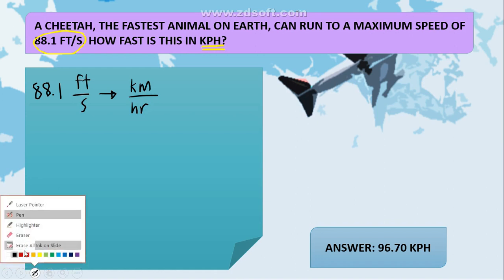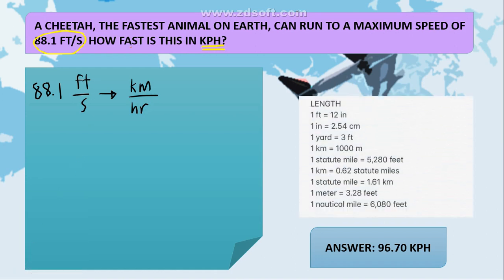So first, of course, we need to convert feet papuntang kilometer. So, ito muna yung gagawin natin. And then later on, we can proceed to convert seconds to hour. So, for feet to kilometer, ang pwede natin gawin is we use two conversion factors. Wala namang diretso. So, we can use feet to meter and then meter to kilometer.